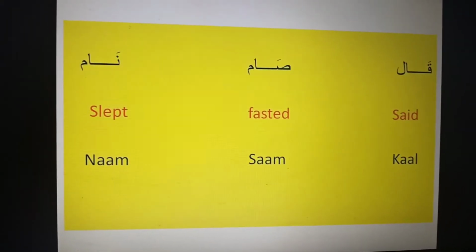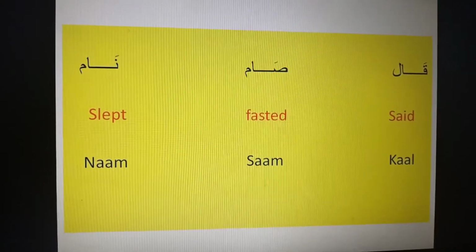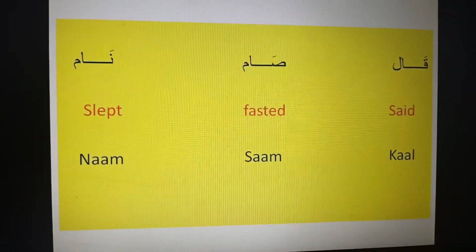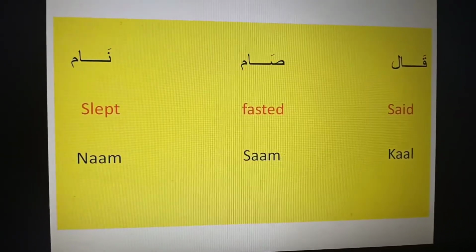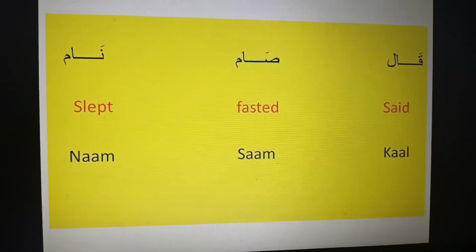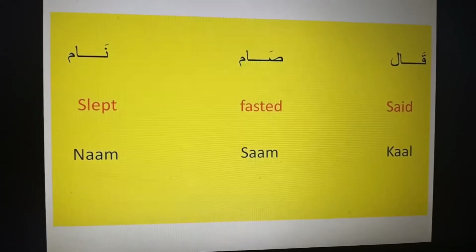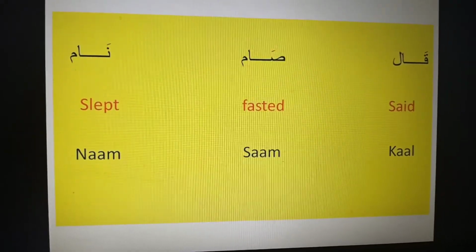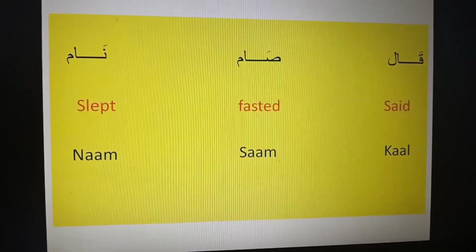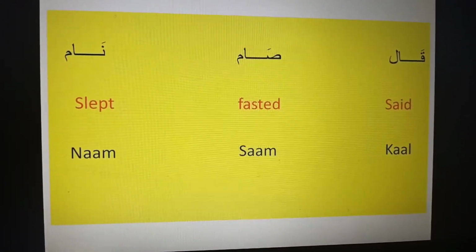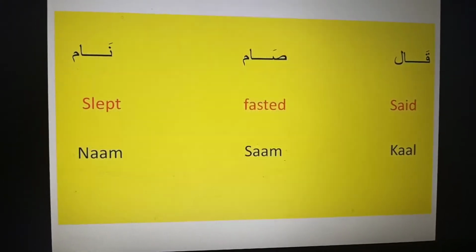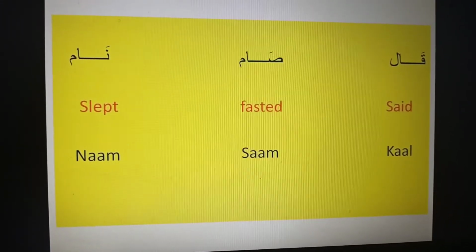Taking another example like sama. Sama in the middle means fasted. You see the first letter is sad, which stands for S in English, and it has a fatha on it, so we add the A after it for the fatha vowel.